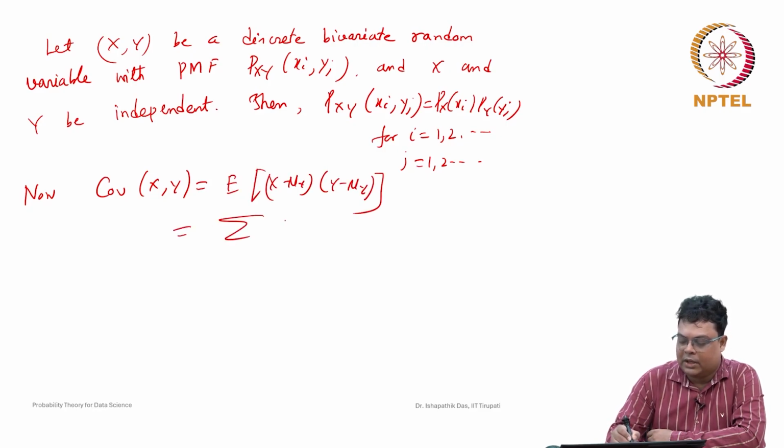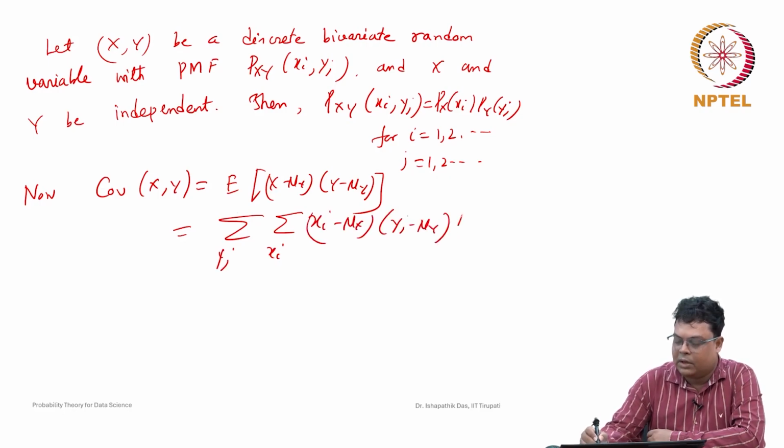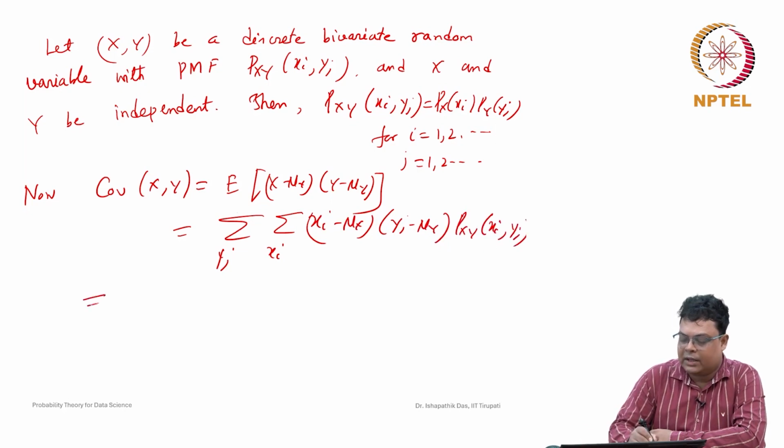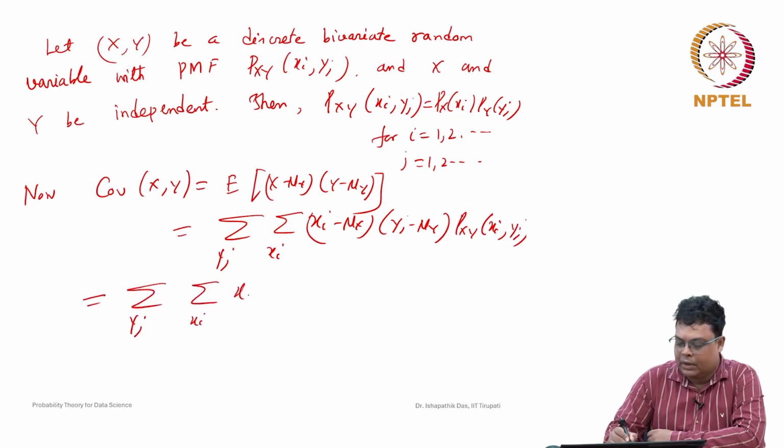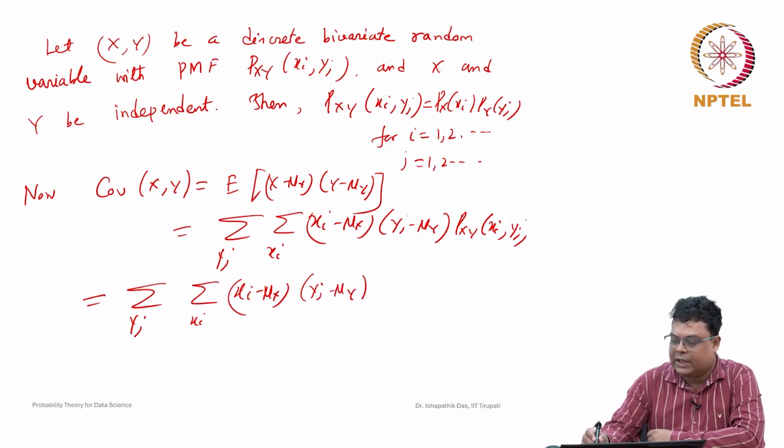This is the sum of (x_i minus mu_x)(y_j minus mu_y) p_XY(x_i, y_j). Then, because X and Y are independent, we can write it as their product.